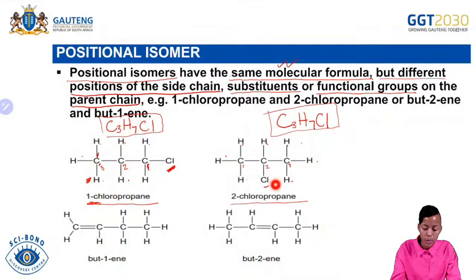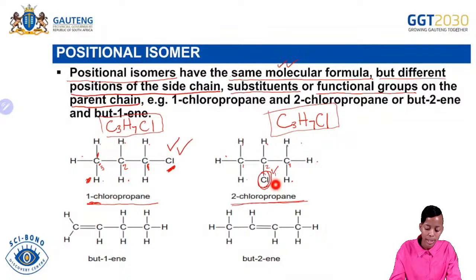And then when you look at the second one, where is your chlorine? If you count from the left or you count from the right, you will see that the chlorine is on position number 2, and hence the name 2-chloropropane. Alright, so the definition says you have different positions. On the first one, the chlorine was on position number 1.